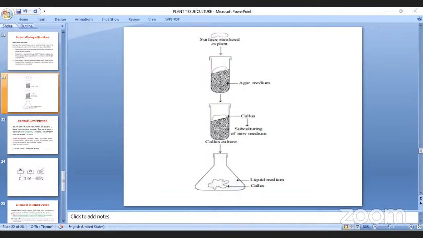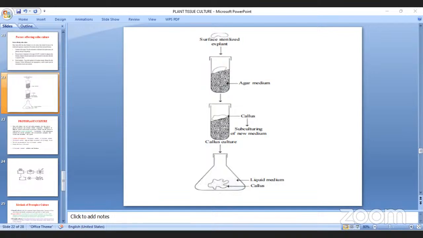The second unit is also very important. If you can develop the concept of tissue culture techniques, the rest of clonal propagation, cell culture, callus culture and organ culture will be easy for you. Well, there are small changes, for example, the difference between cell culture and callus culture.